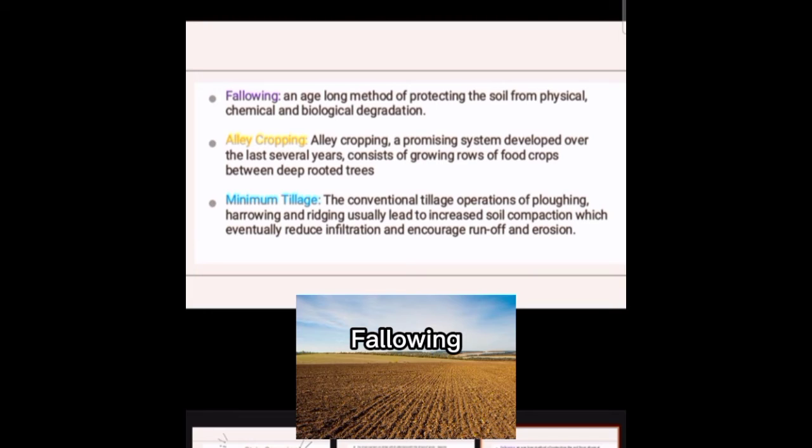A fallow period is the number of years a piece of land that had been under cropping is allowed to revert to forest. Fallowing is a means of storing water in the soil from one year to the next, protects the soil from erosion, and helps to restore soil fertility.